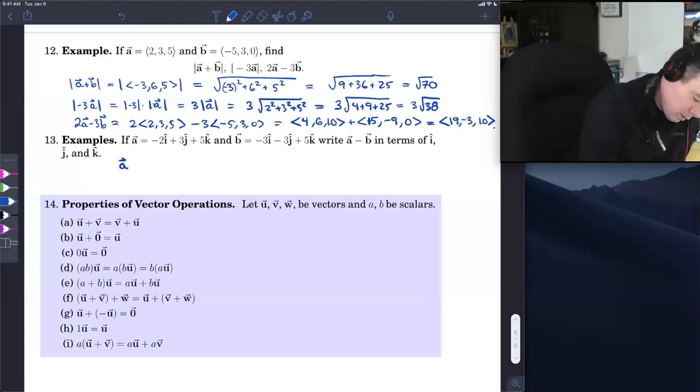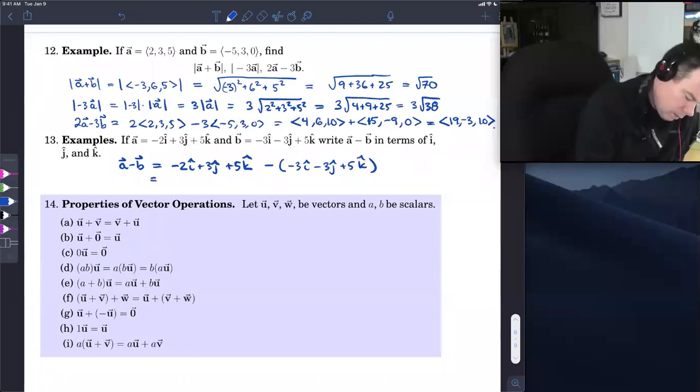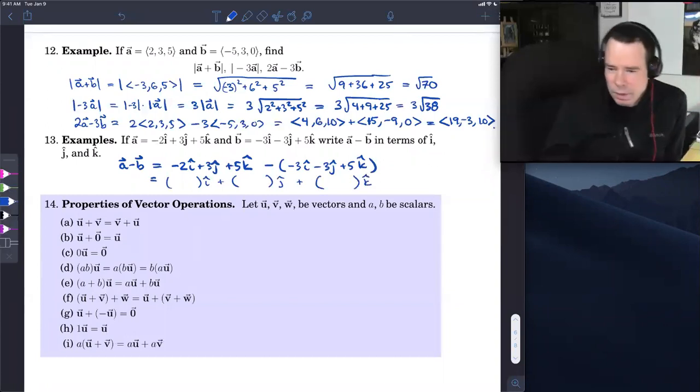So for us, if we go ahead and work out the difference, then what we can do is just say, well, it's going to be that minus negative 3i hat minus 3j hat plus 5k hat. Now I go ahead and work out what the individual values are in front of each of these unit vectors.